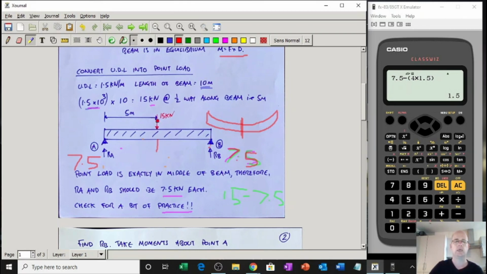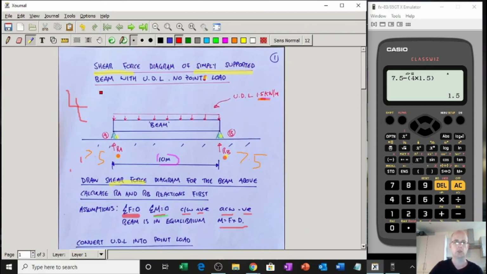So I'm going to go to x equals 5 because I know that that is where I'm likely to see the biggest bending moment. X equals 5, which is here somewhere. All I can see at x equals 5 is this 7.5 here and 5 meters worth of this 1.5.